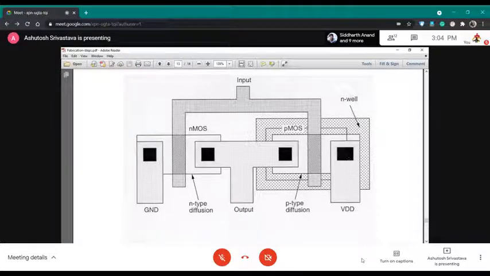So as we mentioned, to have a PMOS, you would require an N well and have a complementary number of steps as in the formation of your NMOS transistor.